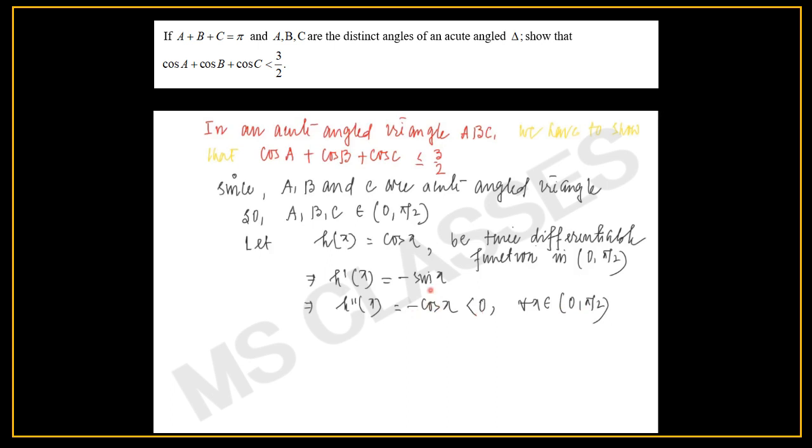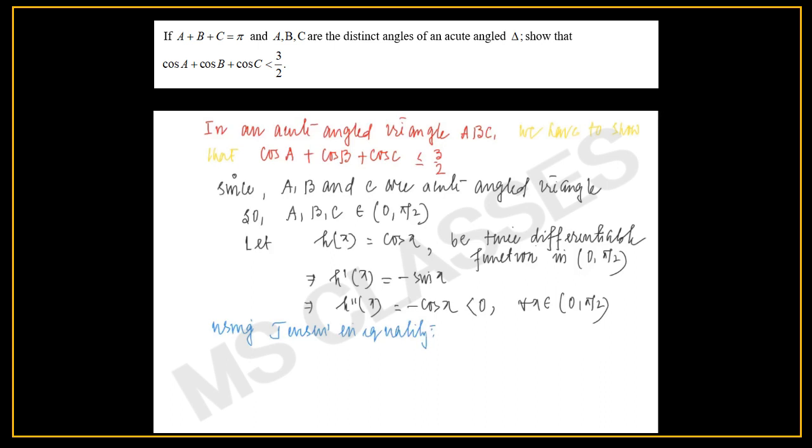Now, since it is negative, that means it is concave down. When concave down, we can apply Jensen's inequality here. For concave up or concave down, even for a straight line also, we can apply this Jensen's inequality.